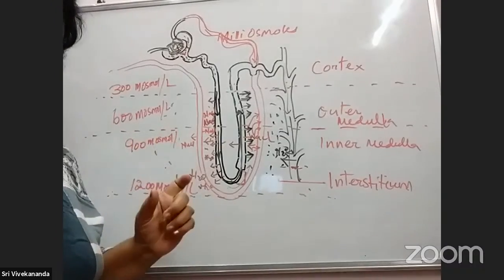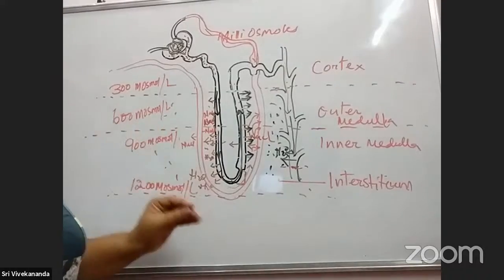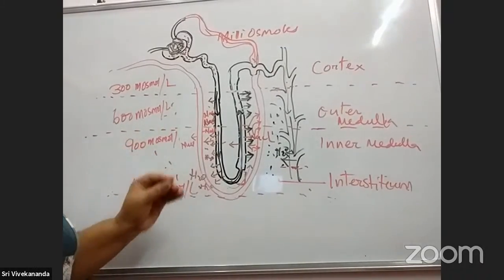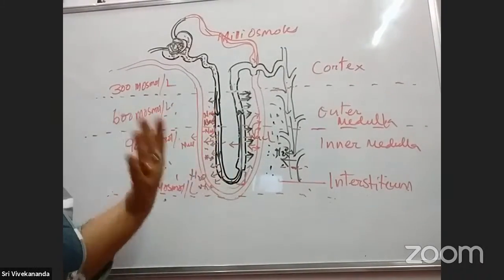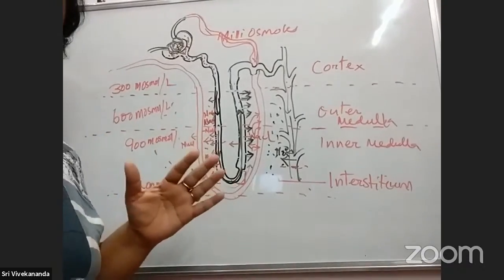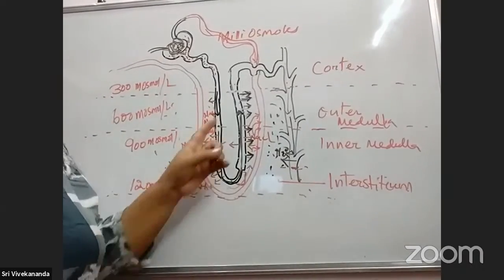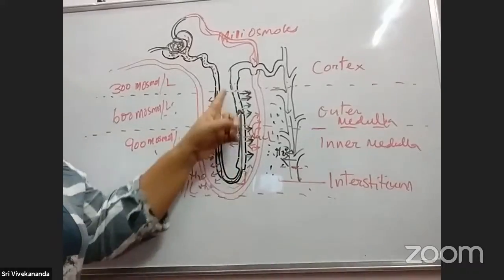Clear? Now, why more and more dilute? Because salts are coming out, so what is left in the filtrate is only the water part. More water, minimum salt. That is taking place here in the ascending limb.